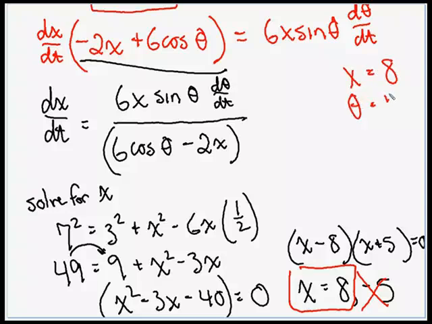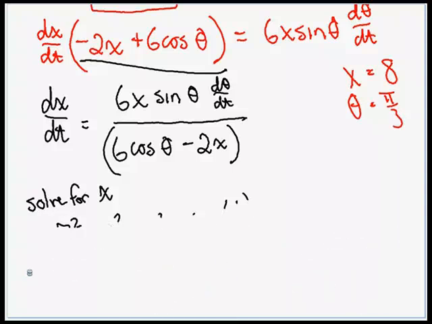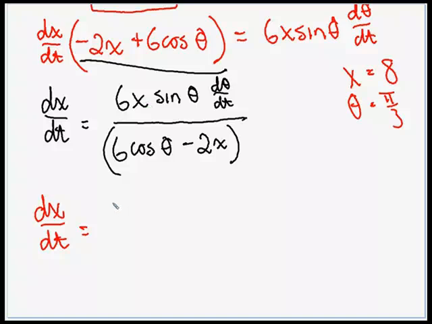So x equals 8 and theta equals pi over 3 are what we need to substitute now. Back to here, we did all that work just to solve for this x and this x. And now we can start plugging some stuff in. dx/dt is equal to 6 times x, which is 6 times 8, times the sine of 1/3 pi, times d theta/dt, which was given to us.